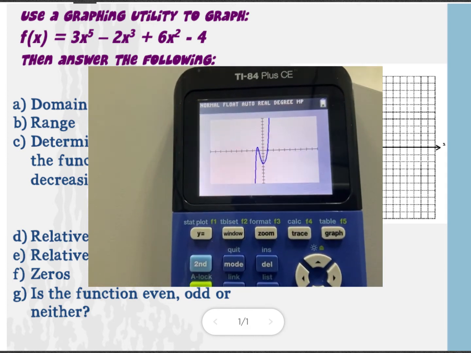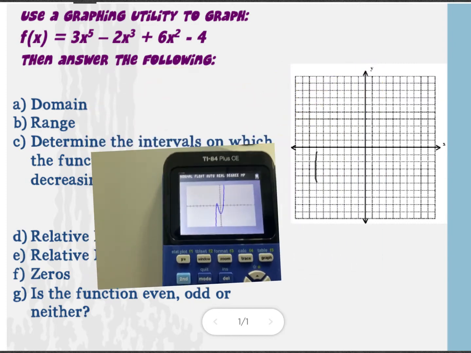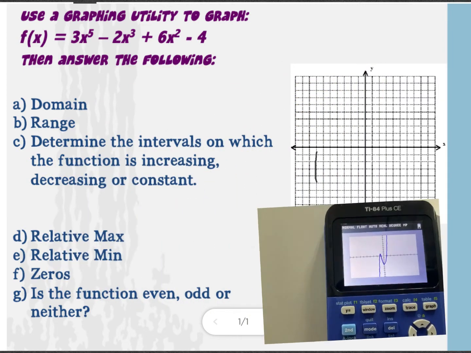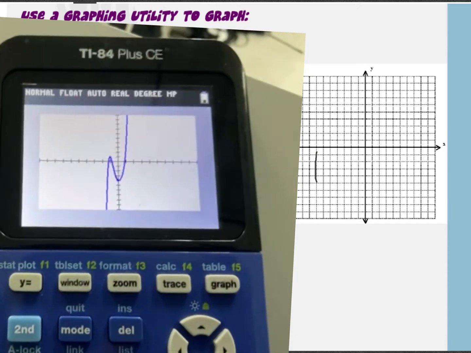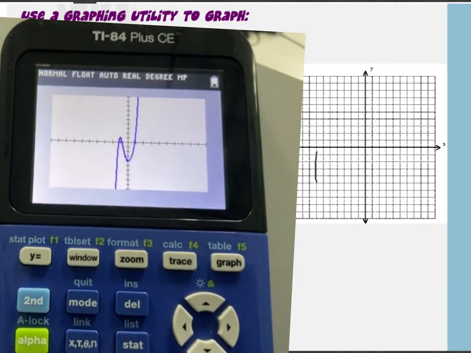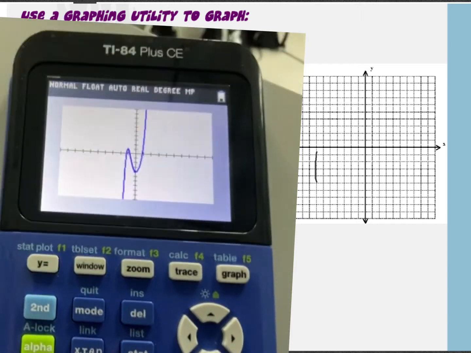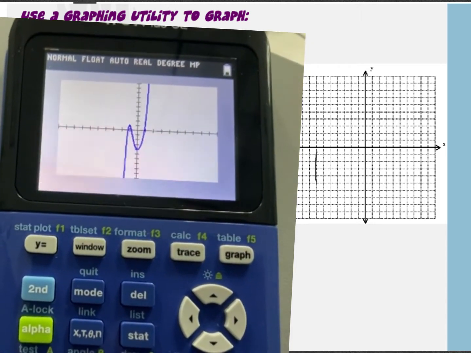So this gives me the overall picture, right? I'm going to come over here and draw in as best I can this picture. It doesn't have to be perfect, but I can't see what you got on your calculator when I grade your test. You need to show me what you got on your calculator. Does that make sense?